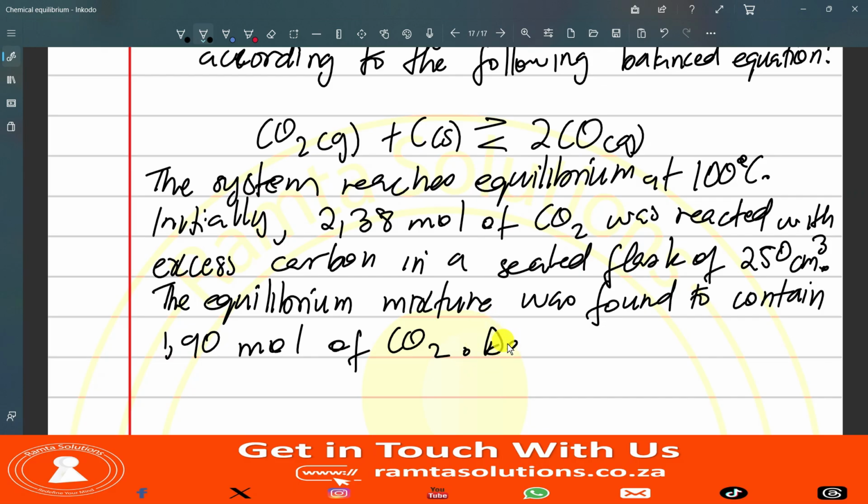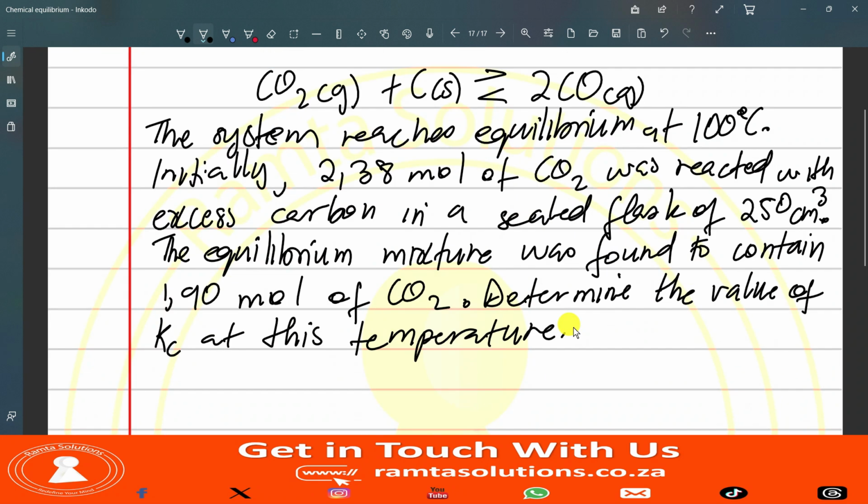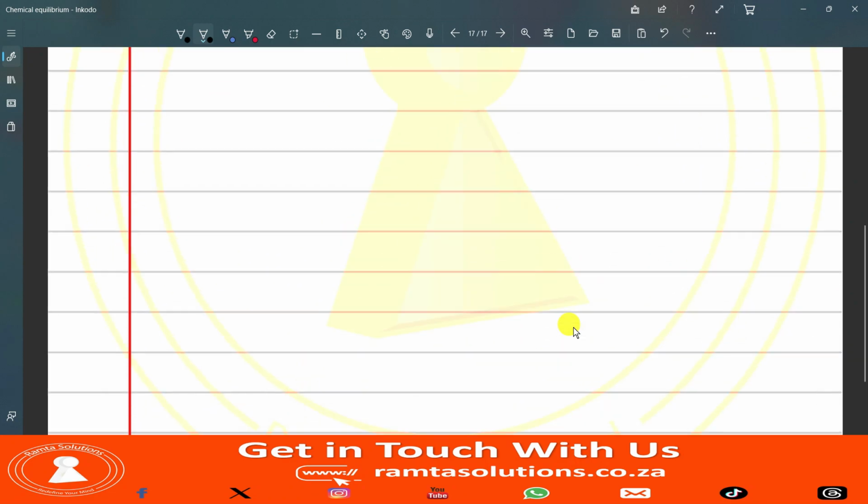Determine the value of Kc at this temperature. Now, this is nice. Let me see. Okay, I have enough space.